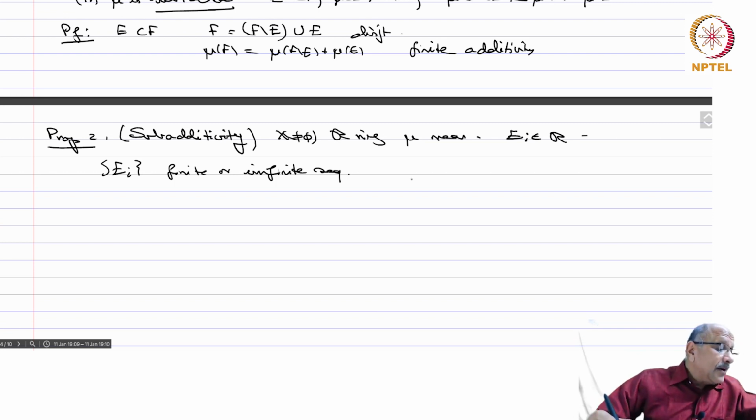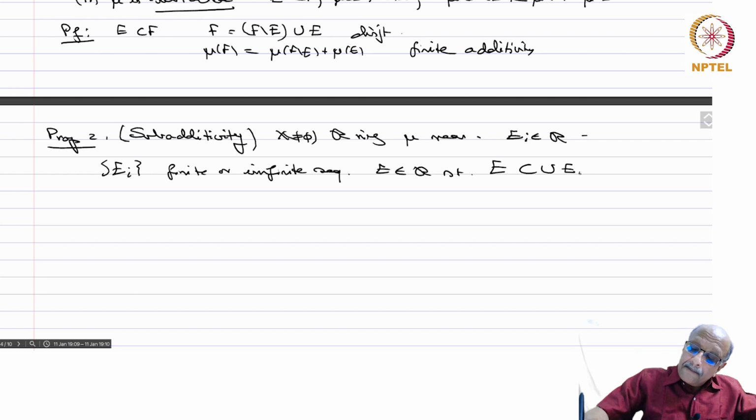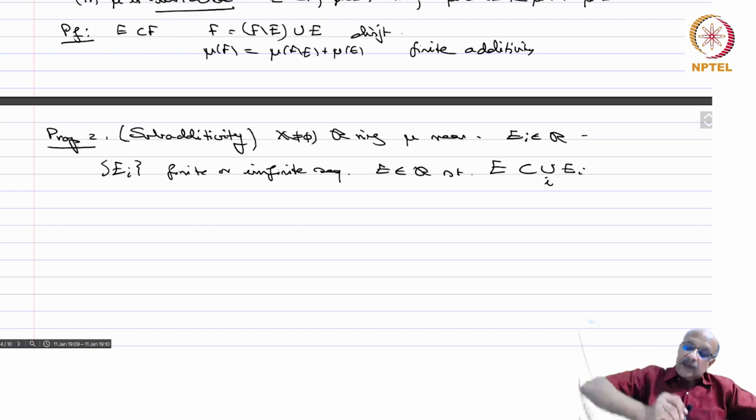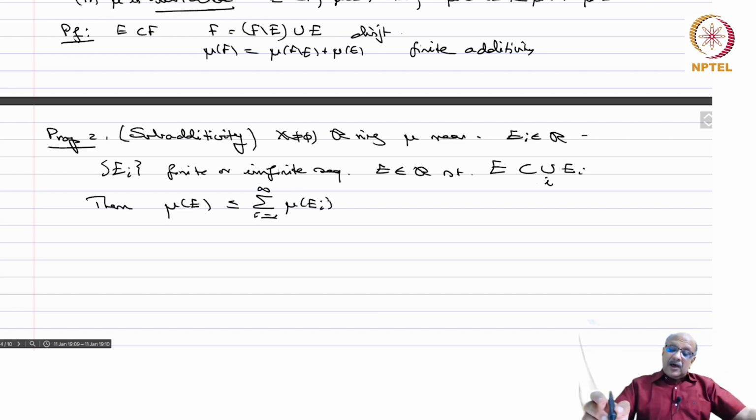And E in R such that E is contained in the union of E_i. I won't write i equals what, I'll just write union over i, because it could be finite or infinite. Then mu E is less than or equal to the sum over i equals 1 to infinity of mu of E_i. We are not talking about disjoint, nothing here, arbitrary sets in R, and E is any subset.